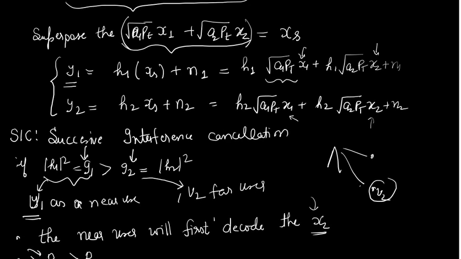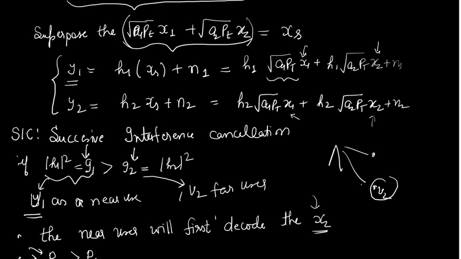Here, if you focus on this equation, if A2 P2 is higher, in the near user this part will have higher contribution.